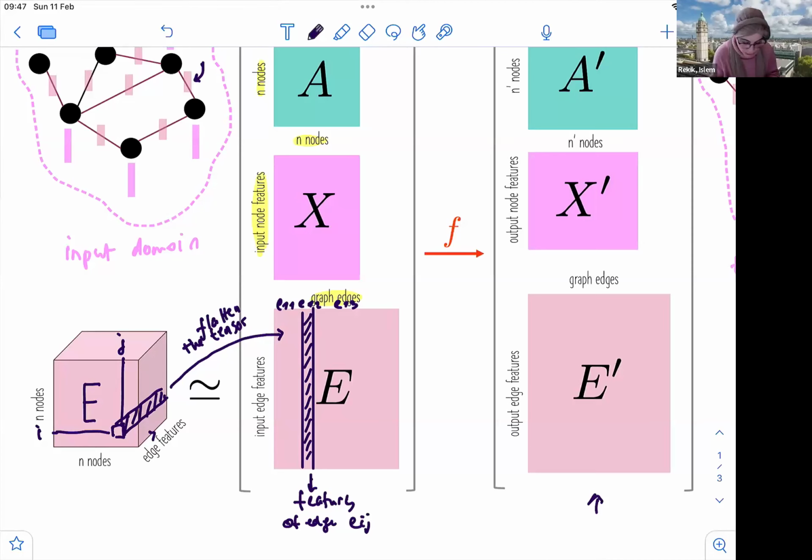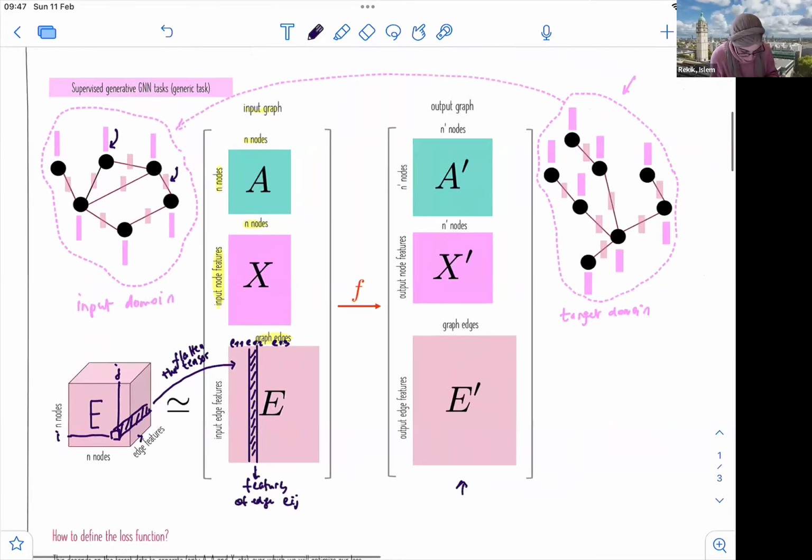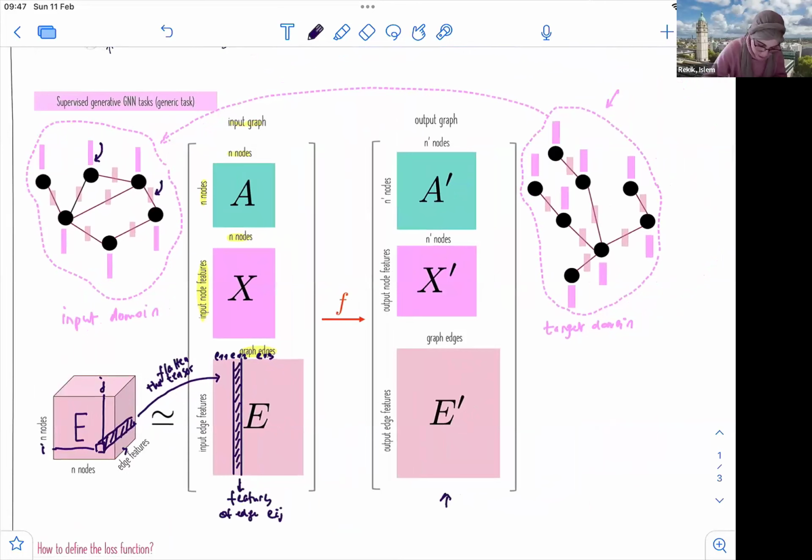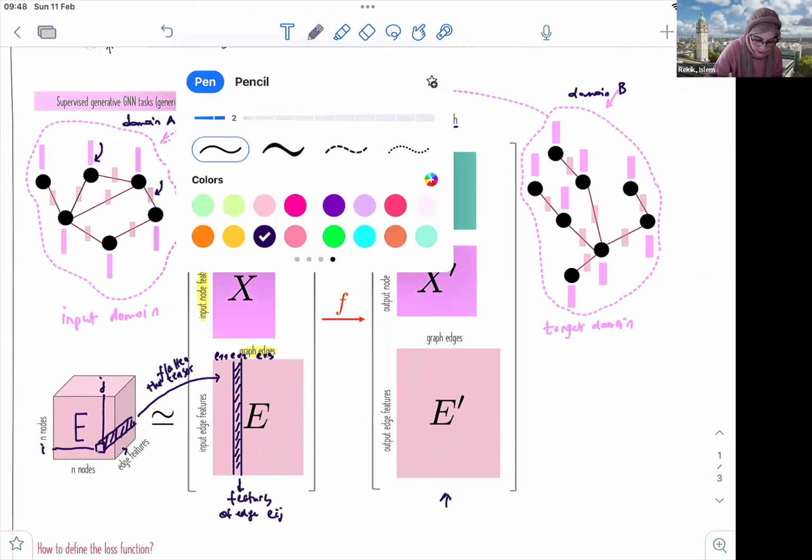Okay. So now what do we have here? We have the input graph, and our goal is to predict the output graph. In the output graph, here we have more nodes. Of course, we can have fewer nodes, all right? You may want to grow a graph, you may want to shrink a graph. These two graphs could be completely different, which means this graph is drawn from domain A, and this is in domain B, which means maybe the nodes are not in correspondence.